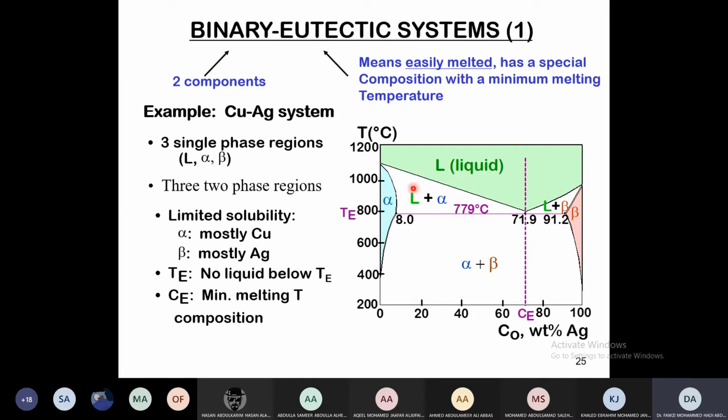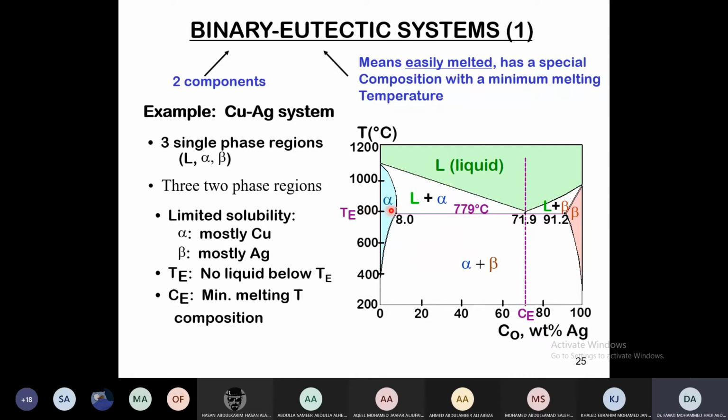You have two phases occurring there, liquid and alpha solid solution. In this triangle, we have liquid and beta solid solution happening together. And in this area below that line, we have alpha plus beta, both of them solid solutions, happening there.